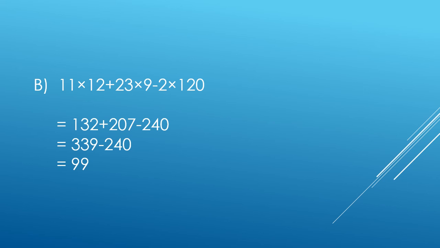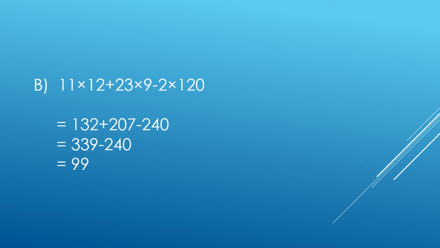So when you multiply 23 and 9, you get 207. Now you have to multiply 2 and 120. So after multiplying these two, we get 240. Now you do the addition.